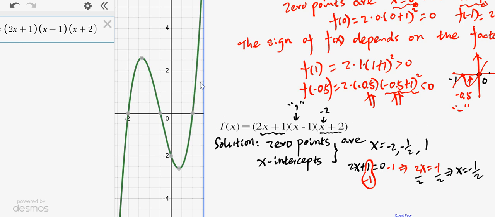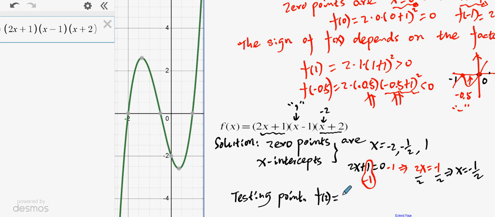When x is greater than 1, what you can do is choose a testing point. That's the meaning of testing point. For x greater than 1, you choose 2. What do you get? You have f of 2. You can choose 3, no problem.